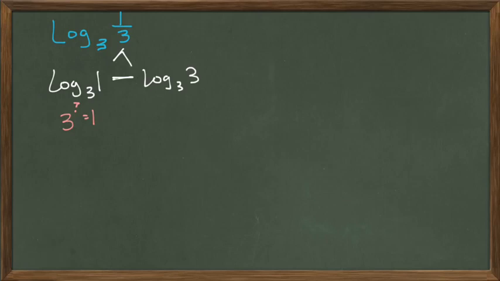Any number to the 0th power equals 1, so log base 3 of 1 equals 0. And as we talked about before, log base 3 of 3 equals 1. So 0 minus 1 equals negative 1. That answer is negative 1. I didn't need a calculator for that, but I wanted to show you that when you're dividing, you subtract the logarithms.